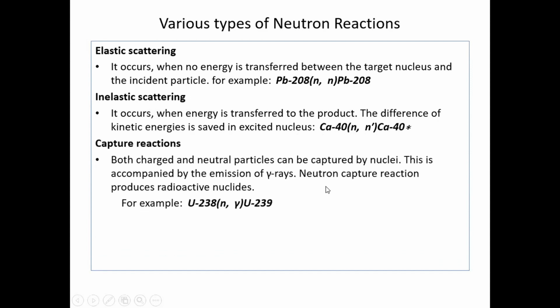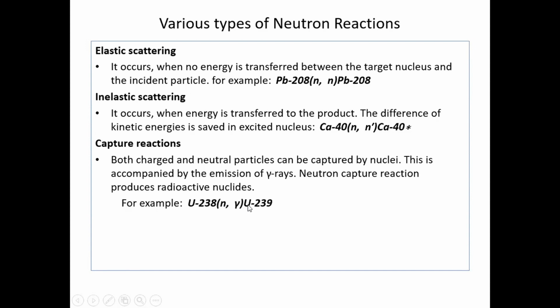Then there is a capture reaction. Both charged and neutral particles can be captured. Once the nucleus has captured the particle, it will only emit gamma rays. Neutron capture reactions are very important, and one important nuclear capture reaction is shown here. It is U-238, which is hit by the neutrons, and it is producing U-239 and a gamma ray.